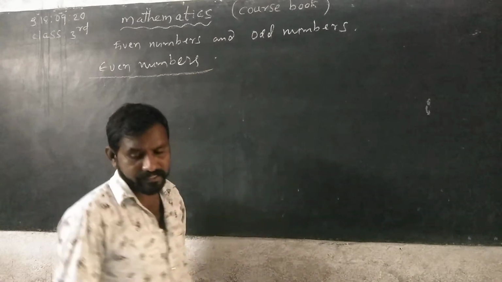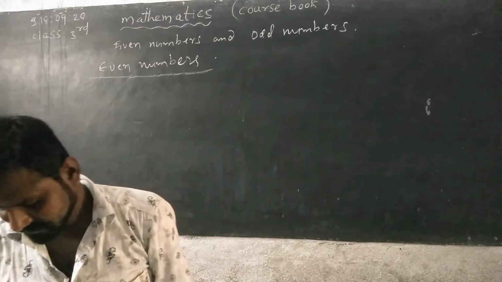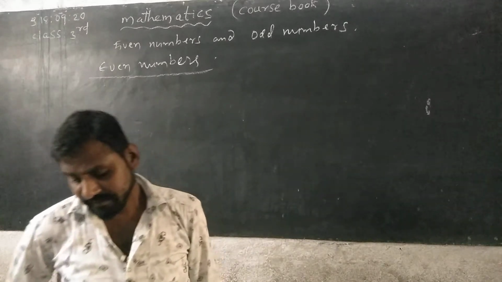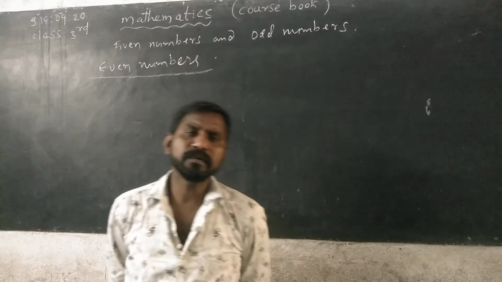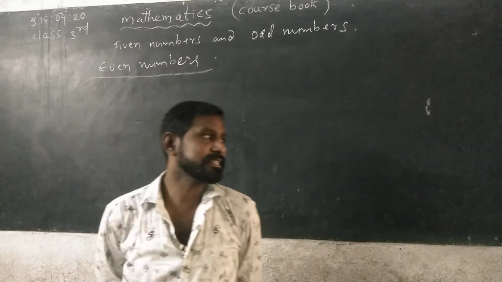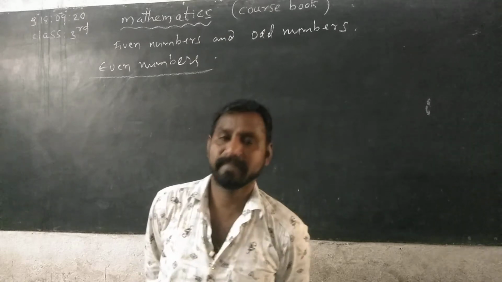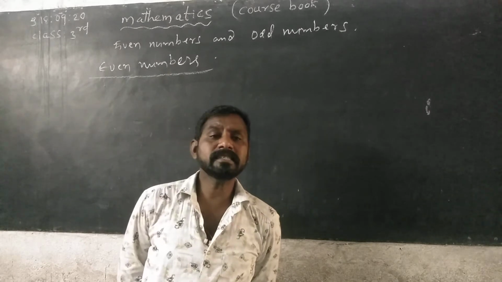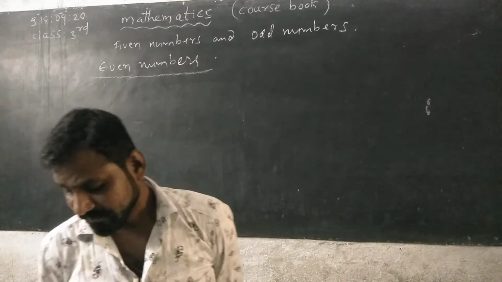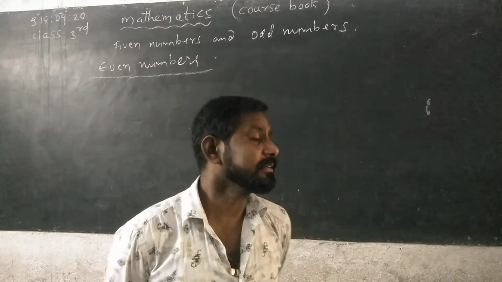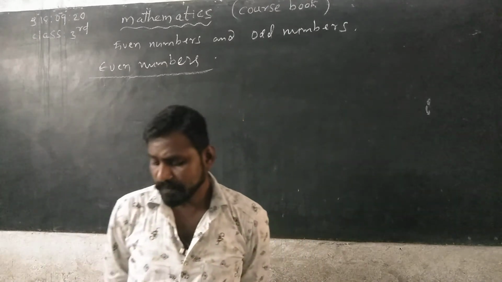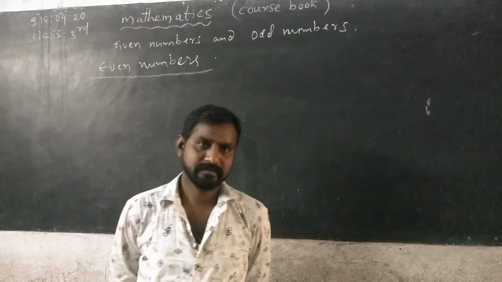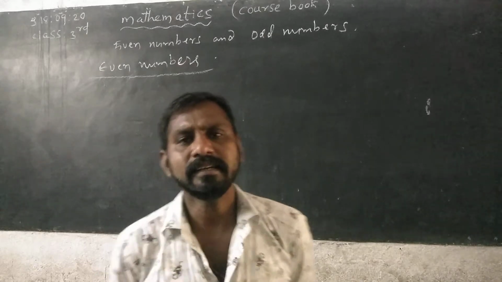Already you know 0, 2, 4, 6, 8. These are the even numbers. But here, even numbers end with 0, 2, 4, 6, 8. Did you understand? That is called as even numbers.